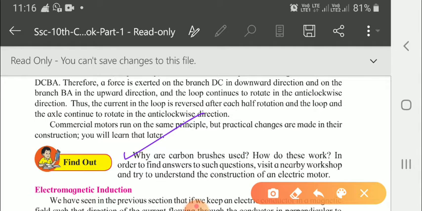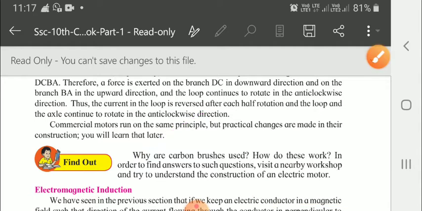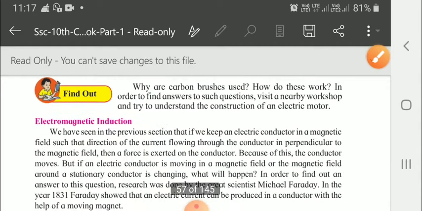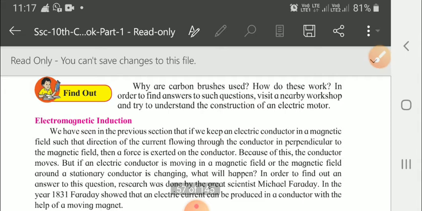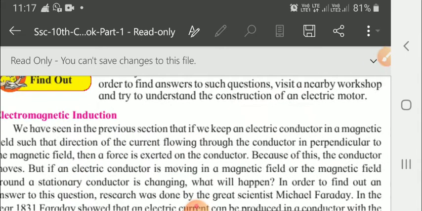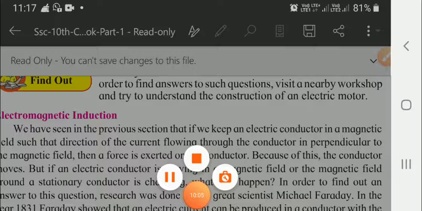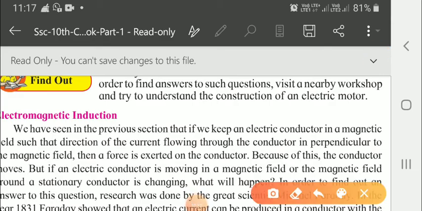Now next is electromagnetic induction. So children, we will see this electromagnetic induction now.